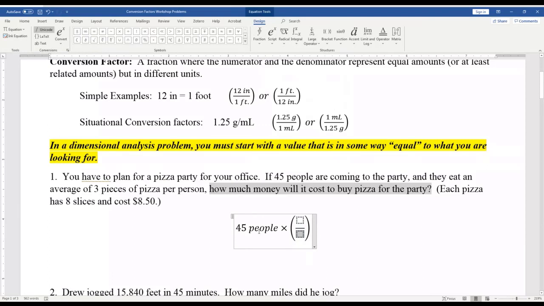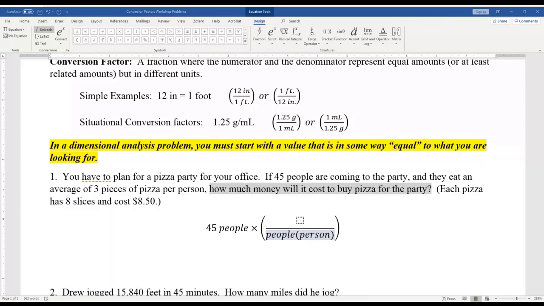So now here's another important point with conversion factors. Whatever unit that you start with, or whatever unit's previously up top, it has to cancel out. So the only way to have this cancel out is to divide by it. So I'm going to put people or person on the bottom. What can I relate to people or person?